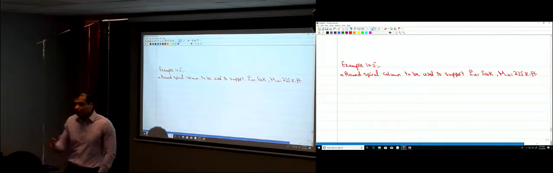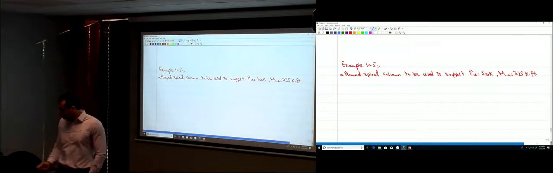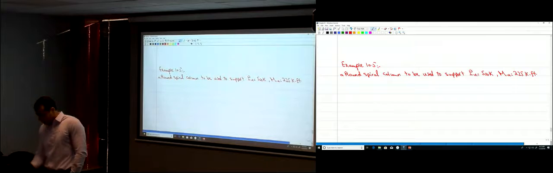So those are the loads applied on the column. Okay. Fc prime is equal to 4 ksi. Fy is equal to 60 ksi.